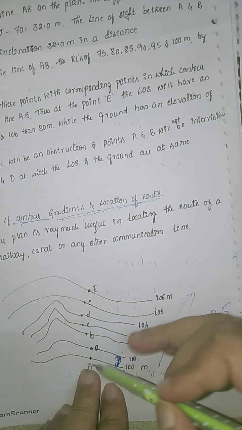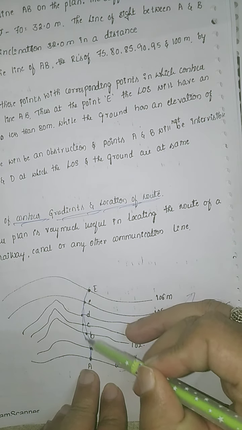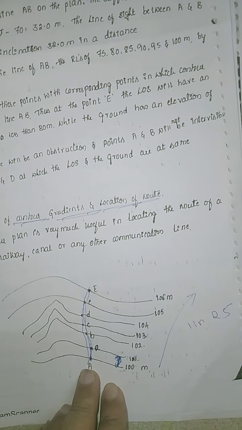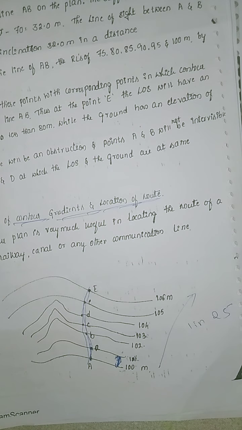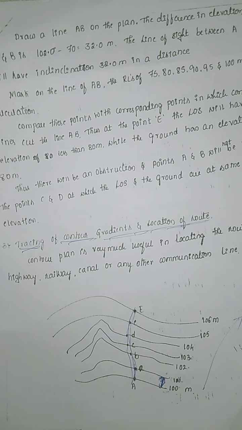By this we can have the route for that particular area. So this is how the contour map is going to help us.